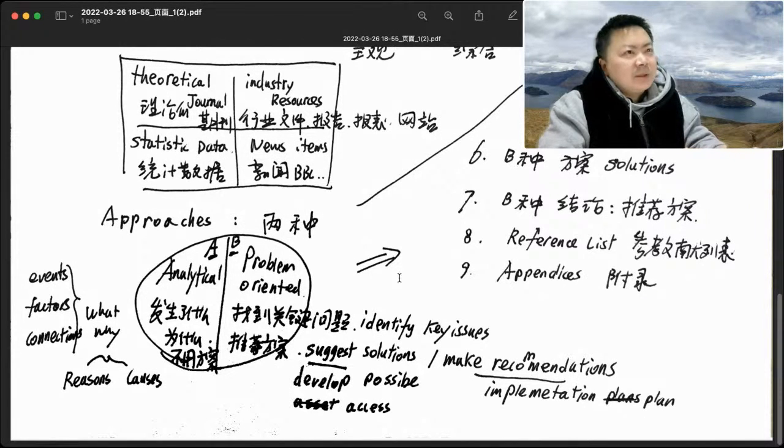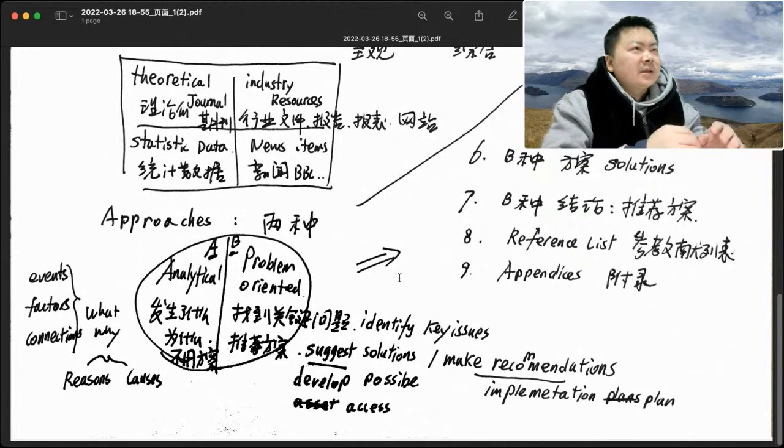So what has happened and what has caused it. I don't need to provide a solution. So that's the analytical approach. I just analyze it. I don't need to provide solutions.